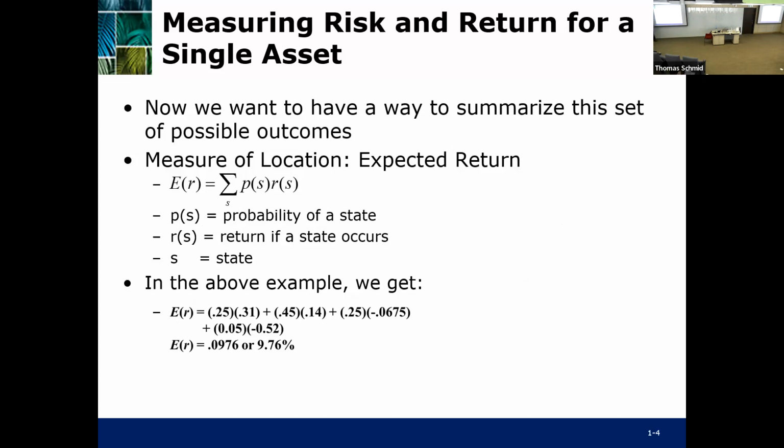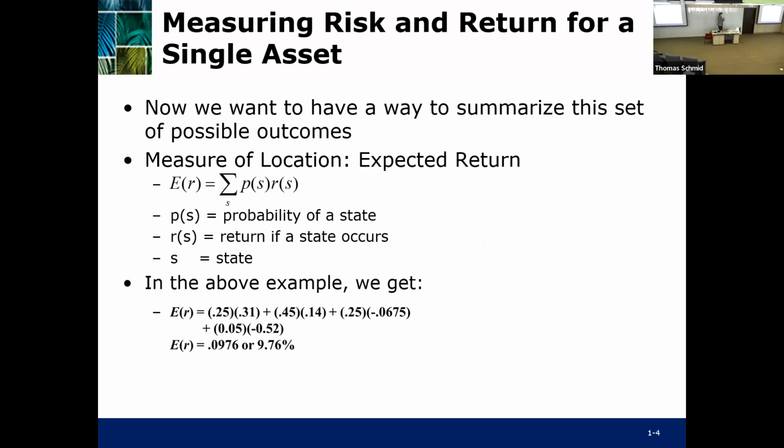Very simple. So if we do this for the example that we have, it's 25% as the probability for an excellent state, times the return in an excellent state. We do this for the other states too, and we get an expected return of roughly 10%. Okay?